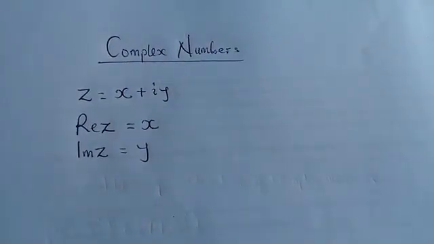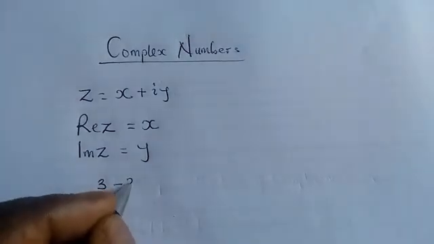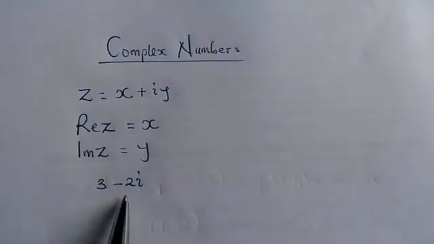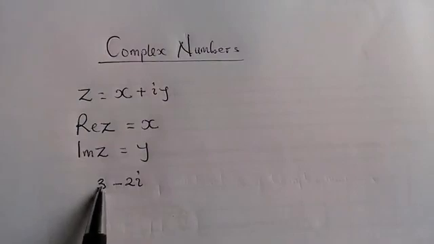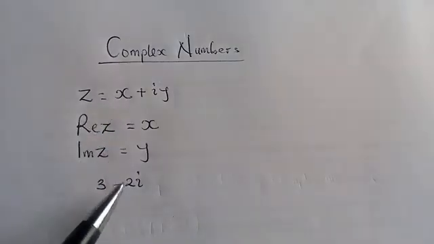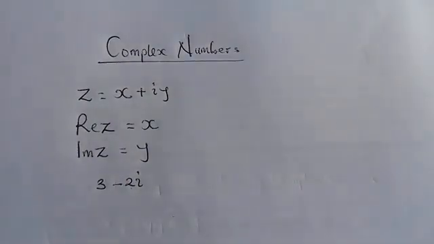That is, when you have a number like 3 minus 2i, this is a complex number, right? 3 here, which is taking the position of x, is the real part, while 2, occupying the position of y, is the imaginary part.